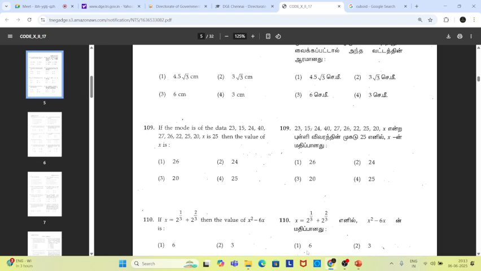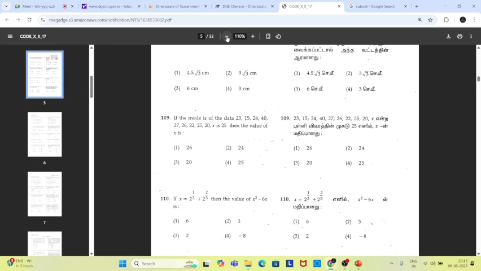Okay. Go to question number 110. x equals 2 power 1 by 3 plus 2 power 2 by 3.